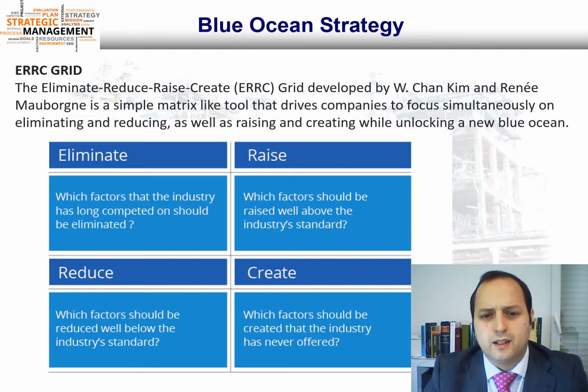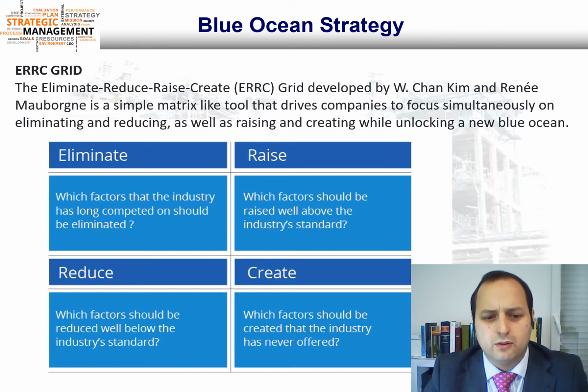Another quadrant is raise: which factors should be raised well above the industry standard. Maybe customer satisfaction could be raised, because the current competitors have not been able to break the market, and there are still several factors that could increase customer satisfaction.